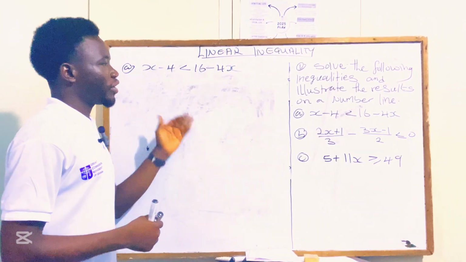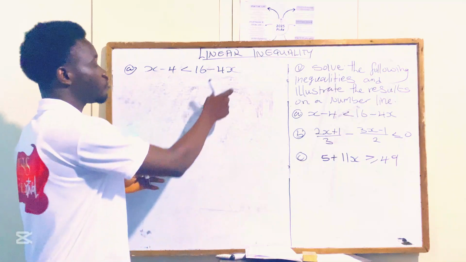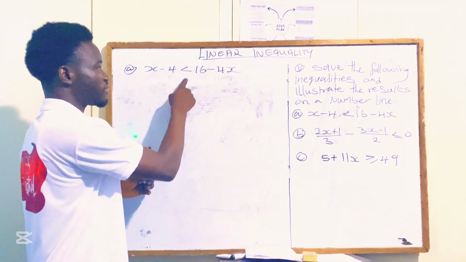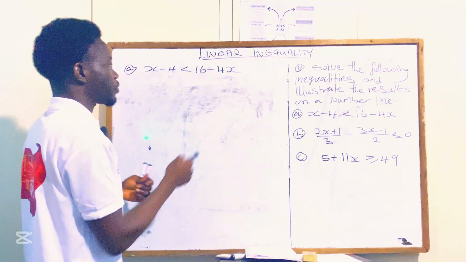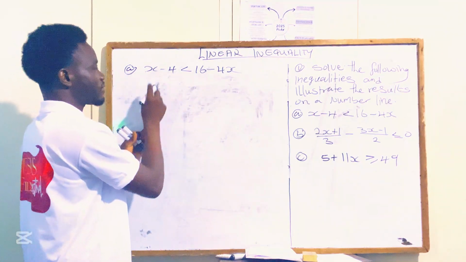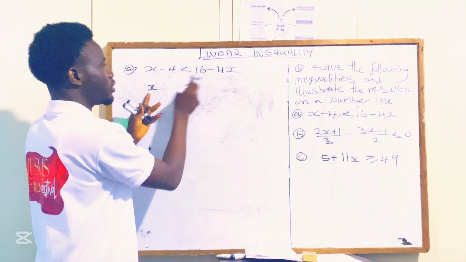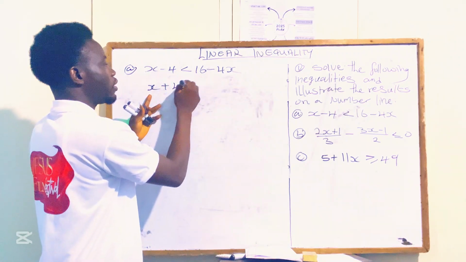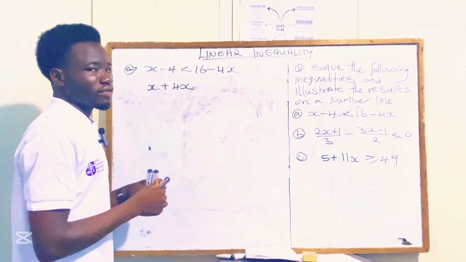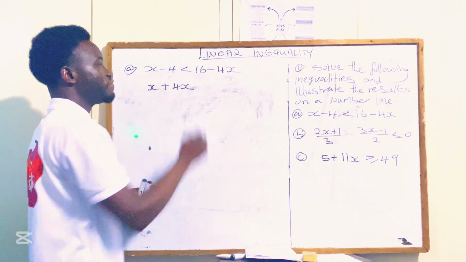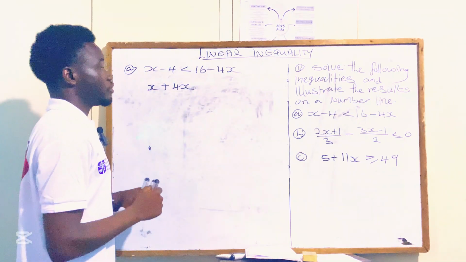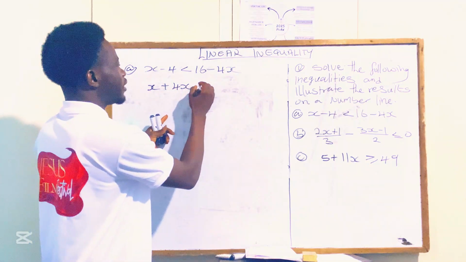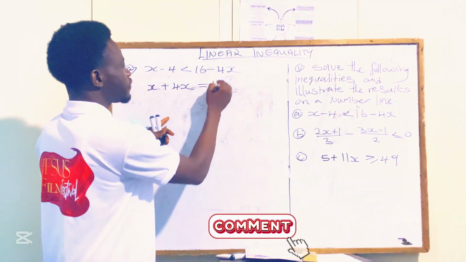But in this topic, I admonish that we always group the variables to the left, because of this sign, so that you can know how to manipulate it. So I have x standing here, and I bring this other one, which is negative here, coming here will be positive. And note, the sign will not be affected. This sign is only affected when you are dividing by a negative value or multiplying by a negative value. And this is equal to 16.